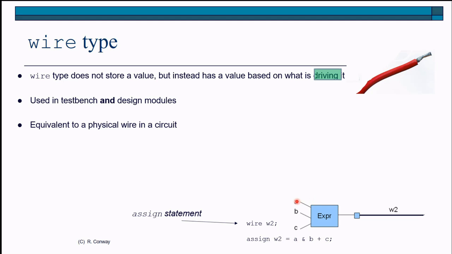So in this example, A, B and C are signals that are used as part of the expression, and the value of the expression provides a driver for the wire. So W2 will hold the value produced by the expression. And again, you can think of W2 as our physical wire.